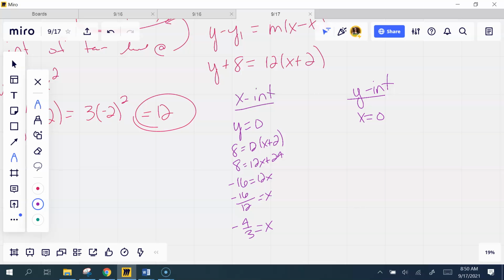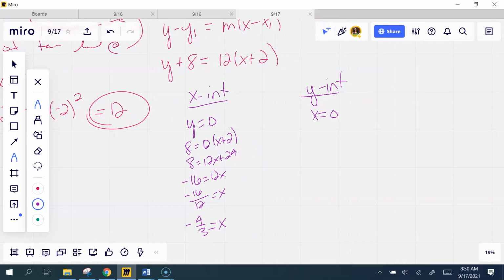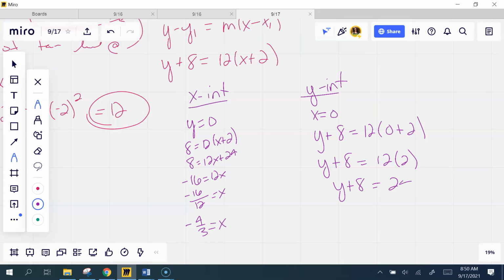What are y'all back here doing? More derivatives, more derivative rules.